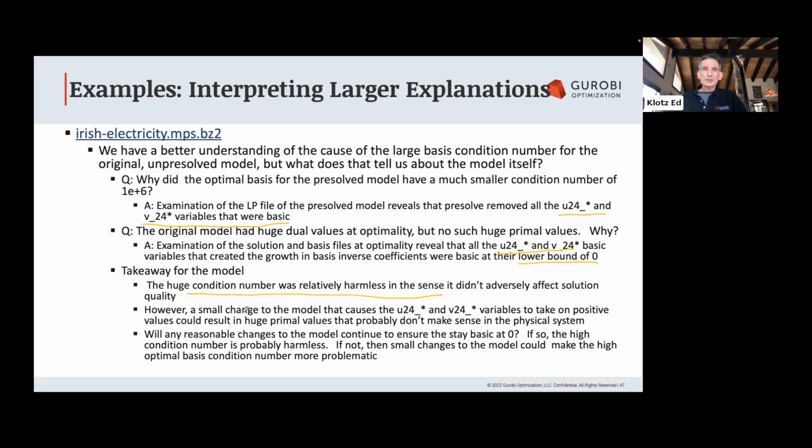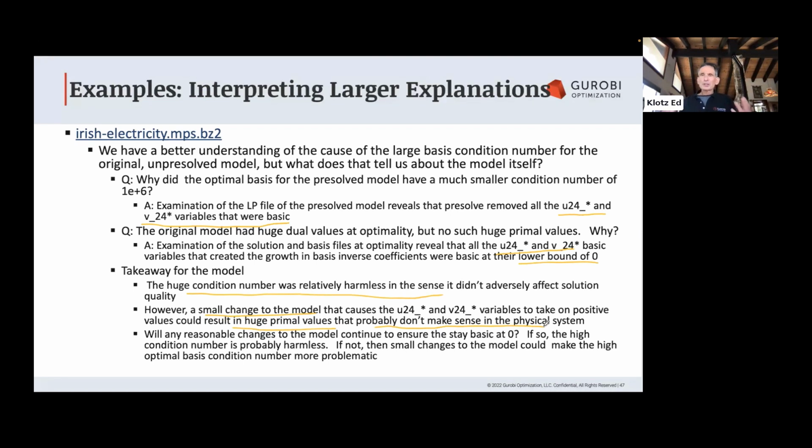But the key point is that if the model had somehow been changed so that those variables could take on positive values, you could very quickly get some huge primal values. But what I think is going on is those just don't make sense in the physical system. It would be like a really long ramp-up phase that would be brutally expensive, and you would never do practically.